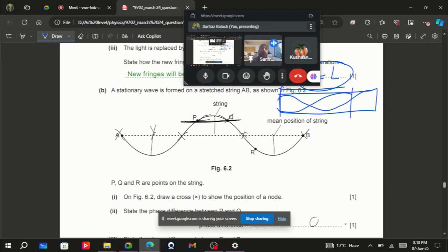And next is nodes and antinodes. The nodes are the points where there is no displacement or no amplitude, and antinodes are the points of maximum amplitude. But always remember, the node and antinode always belong to stationary waves. Is it okay? Yes, sir.